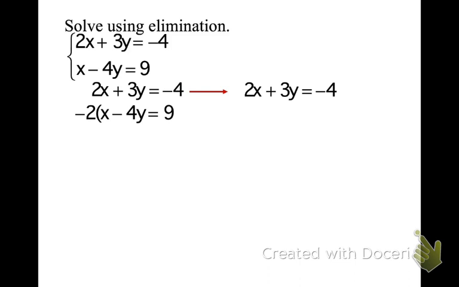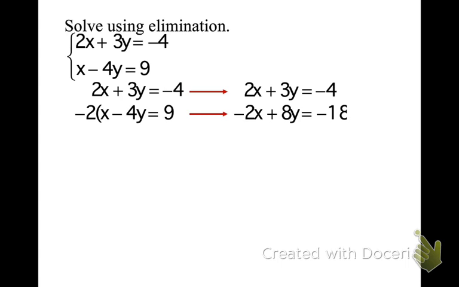The second one, when I have negative 2 times x, what do we get? Negative 2x. Negative 2 times negative 4y is positive 8y. And negative 2 times 9 is negative 18. All terms. You can do anything to an equation as long as you do it to all terms.